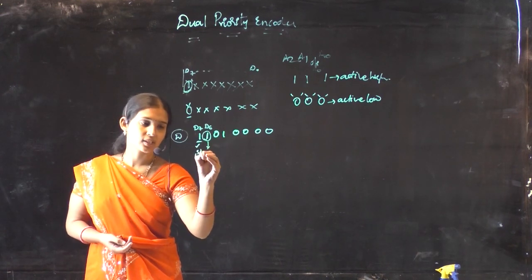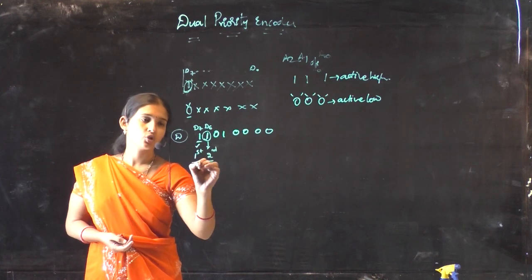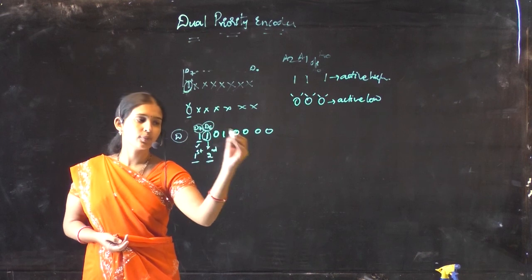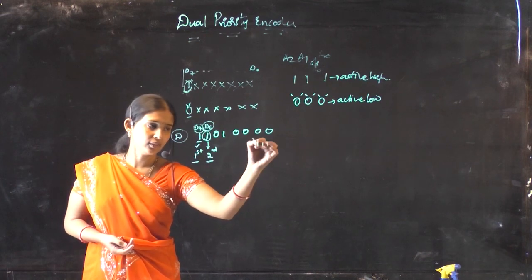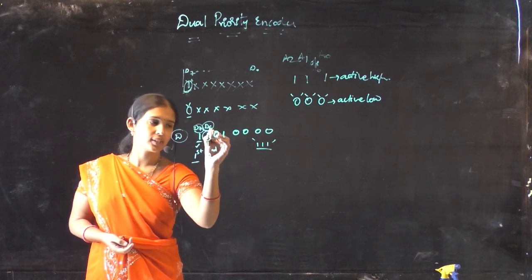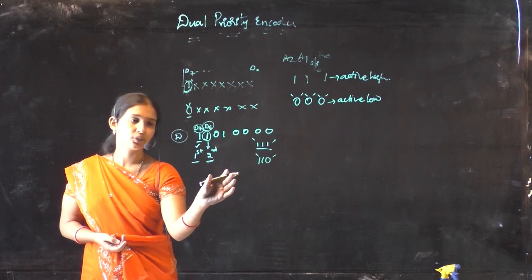So this is your first highest priority and this is your second highest priority. At the output, D7 should be represented as 1, 1, 1, the first highest priority. The second highest priority is D6, that is 1, 1, 0. This is for active high.